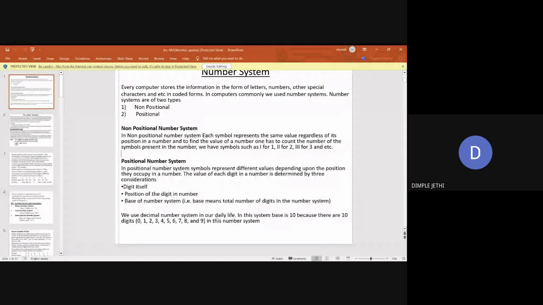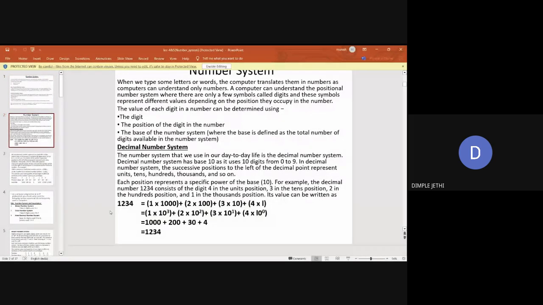So, what I was saying, positional number system. Now see which number system we use and why it comes under the positional number system. We use the decimal number system, right? Now in the decimal number system, suppose I write 321. What number does it make?